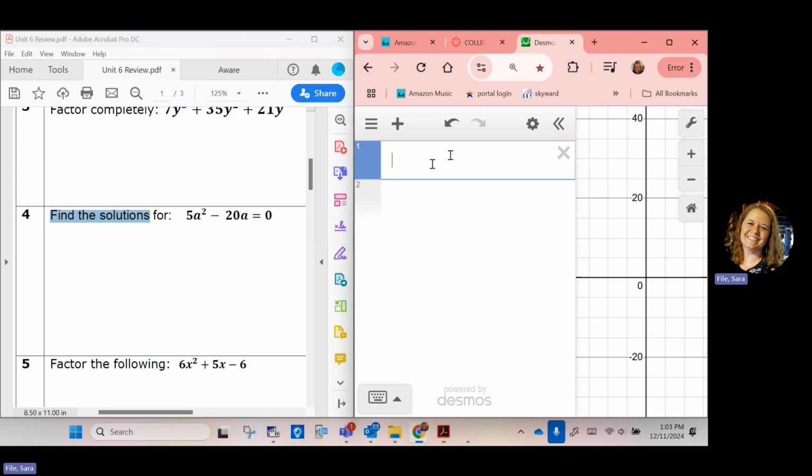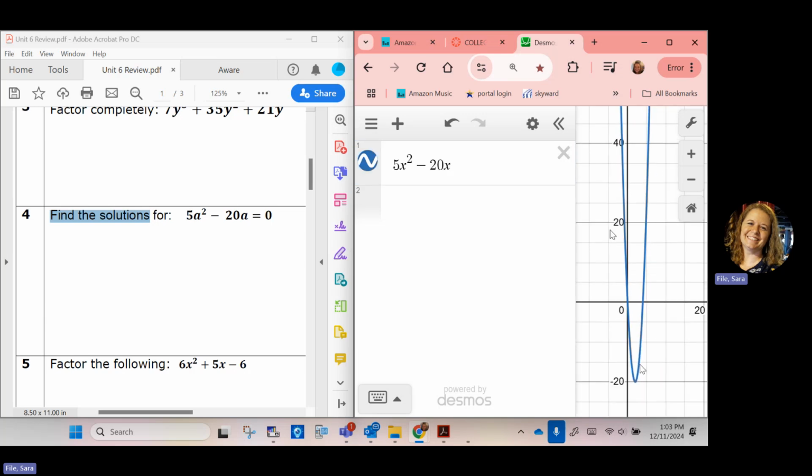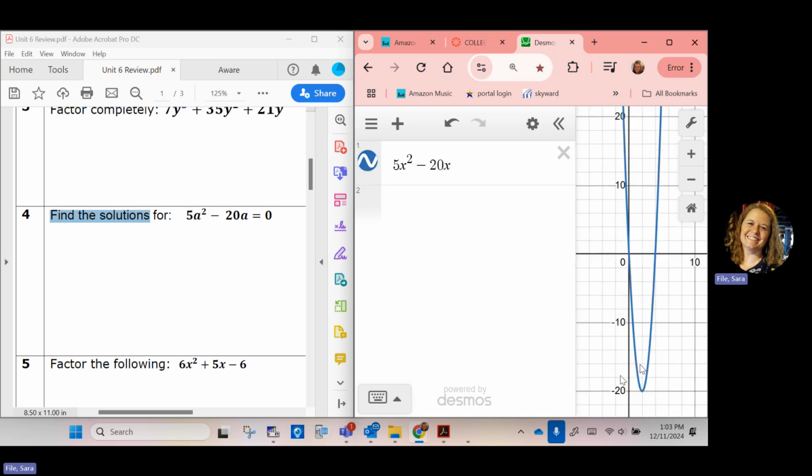So I'm going to graph this function. In Desmos, you use x instead of whatever other letters, like here they're using a. We're just going to use x instead of a. See how the equation is set equal to 0? I don't have to type the equals 0, and I see the graph of this function, this parabola shape.